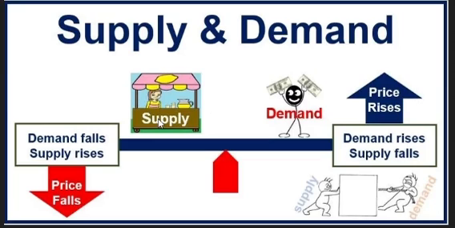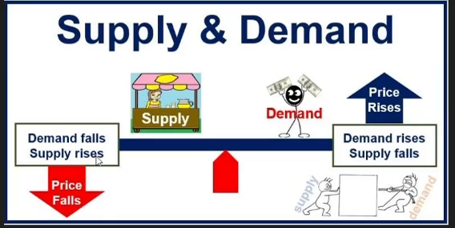So when you look at this diagram, you realize that anytime demand falls, supply rises and the price automatically falls, because consumers are not buying again, and because of that the suppliers have taken over.